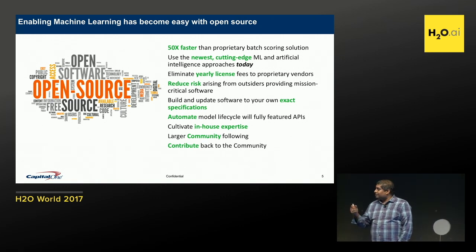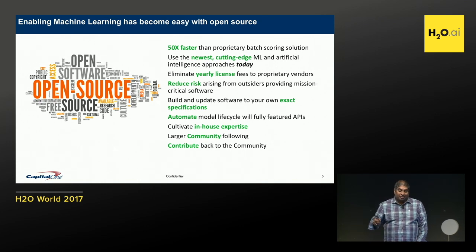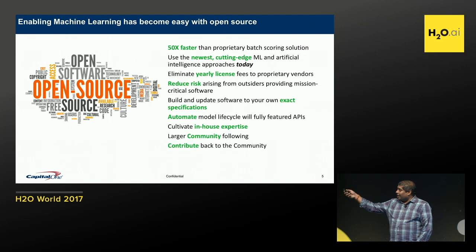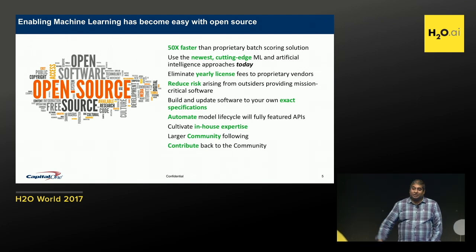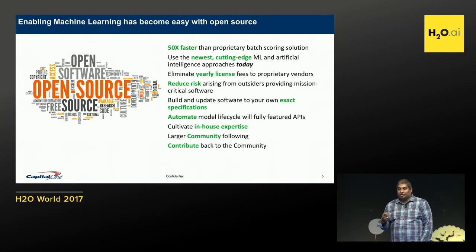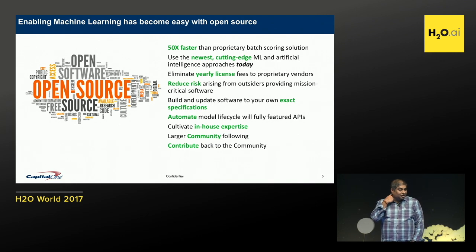So there is a paradigm shift in how you bring this to bear, but the selling point is automation, DevOps, cutting edge, and in-house expertise. If you're able to build these together in a fashion that can be adopted in your enterprise, I'm sure we can start building a lot of these predictive applications and enable enterprise capabilities.